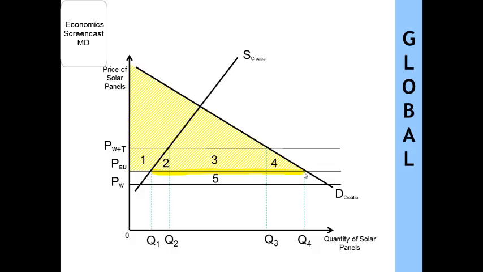Total consumer surplus is shown by the yellow shaded area. The increase in consumer surplus in the market is shown by the areas 1, 2, 3 and 4, as a lower price increases the consumer surplus enjoyed by consumers in the Croatian market when the price falls from PW plus T to PEU.